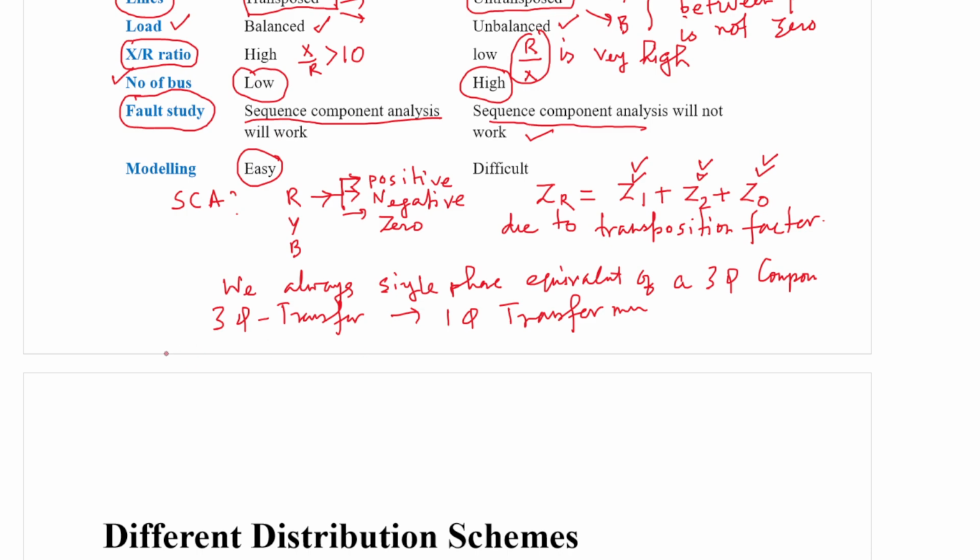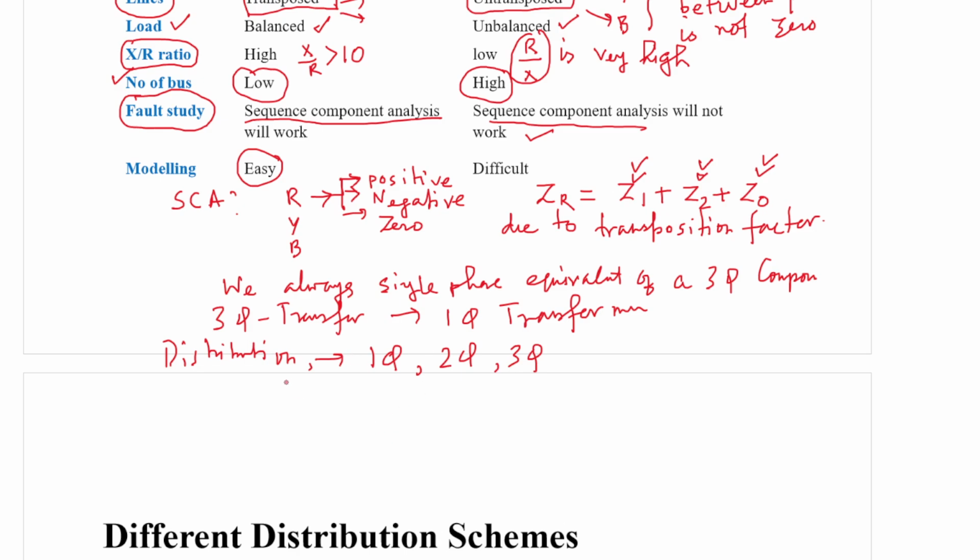In distribution lines, we have single phase lines, two phase lines, and three phase lines. So you need to model each of these lines differently. You cannot take the equivalent circuit of a three phase network into a single phase network. It is difficult.